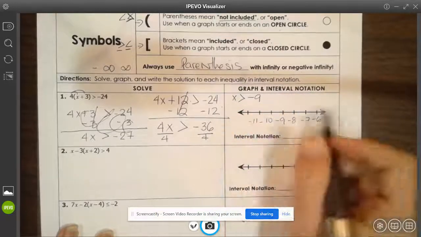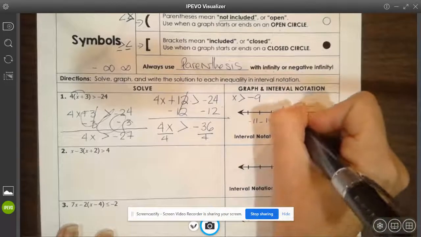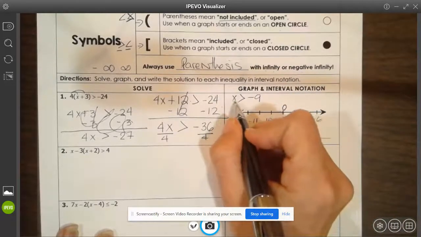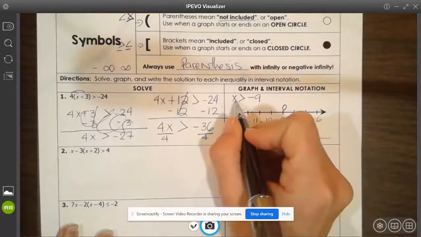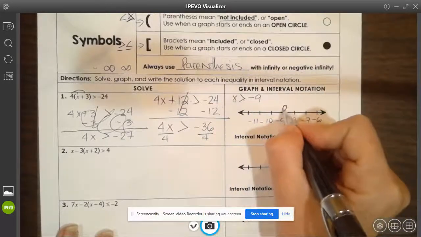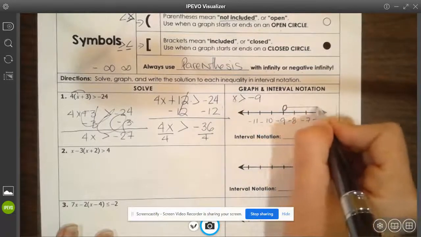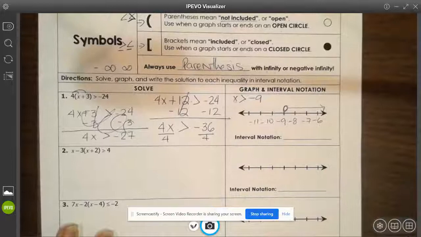So it's a number line, right? So we're going to open the circle here at negative 9, and it's going to be all the x here, all the numbers, the unknown number, it's going to be greater than negative 9. So it's not going to include negative 9 because there's no equal sign, and it's going to go this direction. So x can be any of these numbers here.